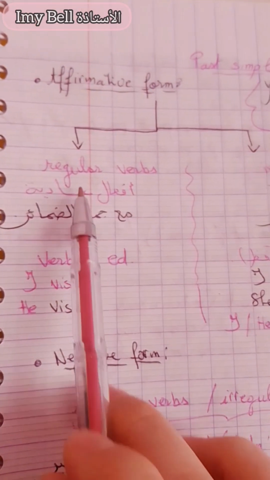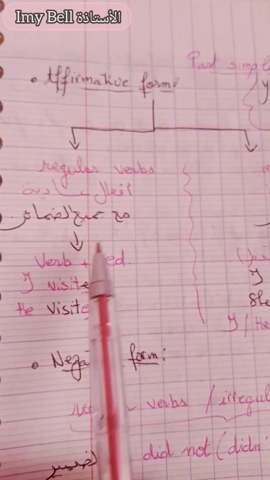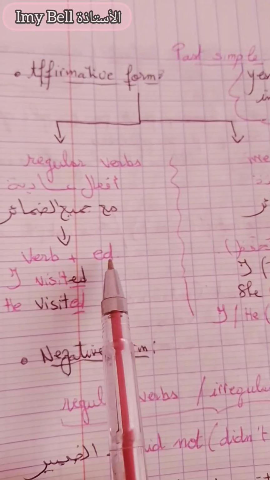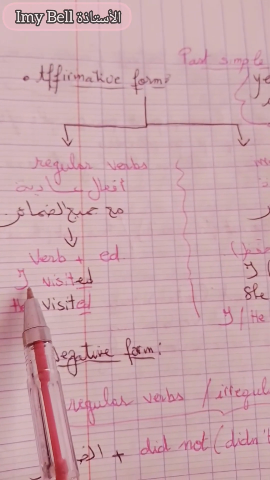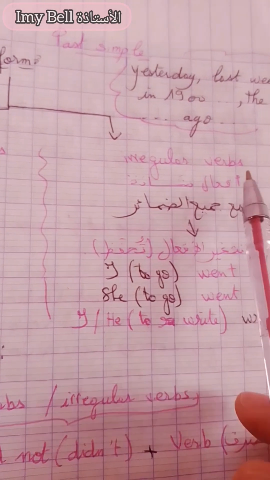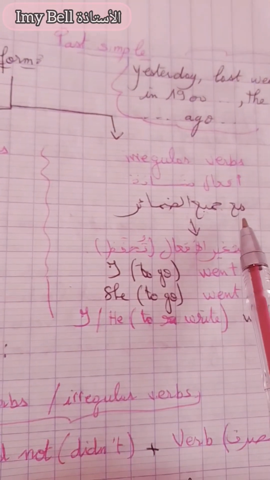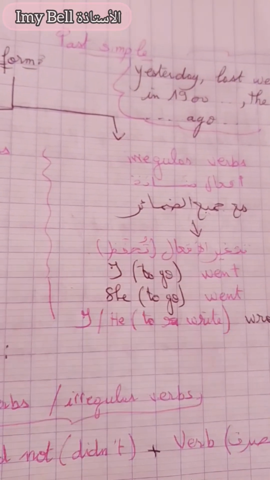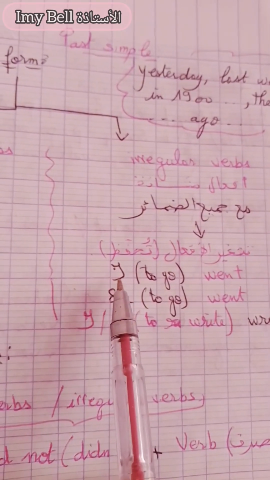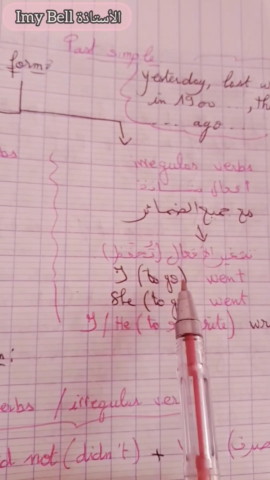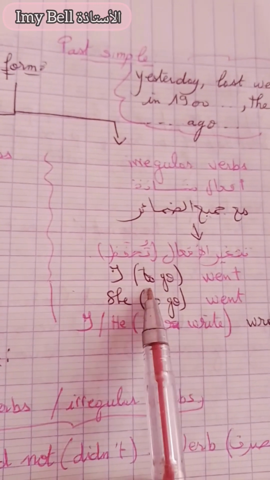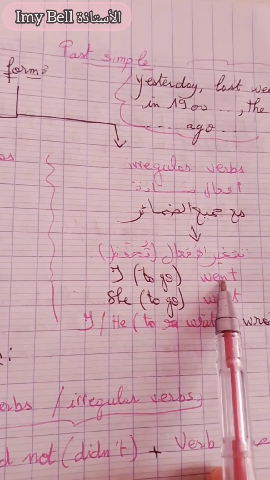So the regular verbs مع جميع الضمائر عندنا الفعل plus ed. الفعل نزيدو له ed. For example, I visited, he visited. Okay. While with irregular verbs مع جميع الضمائر تتغير الأفعال، هذه تحفظوها لأنه الفعل يتبدل. كما عندنا هنا الفعل to go هو an irregular verb, so it becomes went.